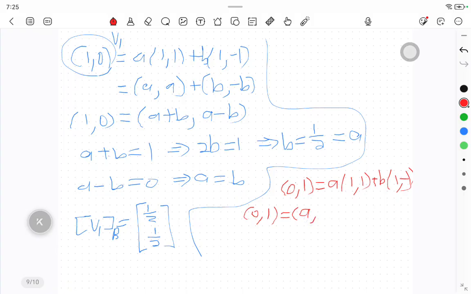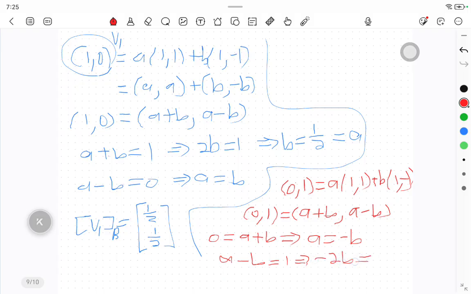Already we know that this gives A plus B and A minus B, meaning that 0 is equal to A plus B, which implies that A is equal to minus B. Then A minus B is equal to 1, so if I plug in minus B here, I get minus 2B equal to 1, which implies that B is equal to minus 1 over 2. If B is equal to minus 1 over 2, this implies that A is equal to 1 over 2.